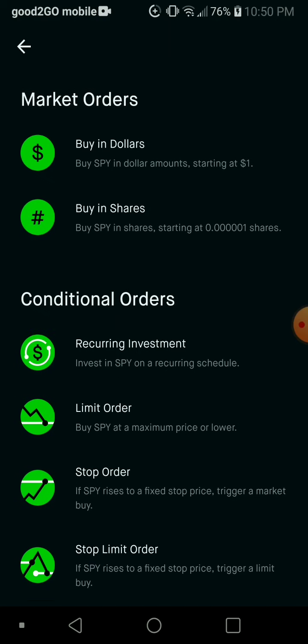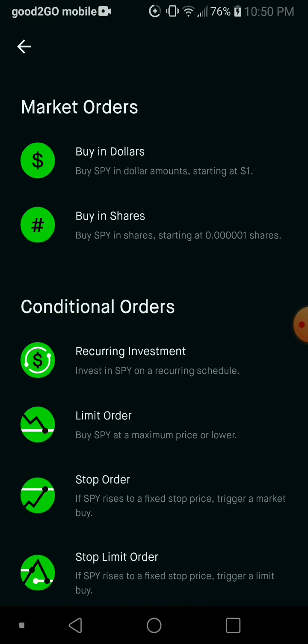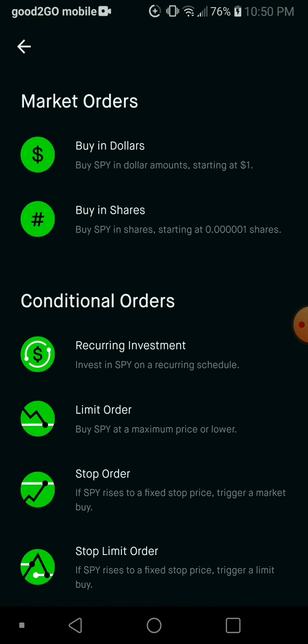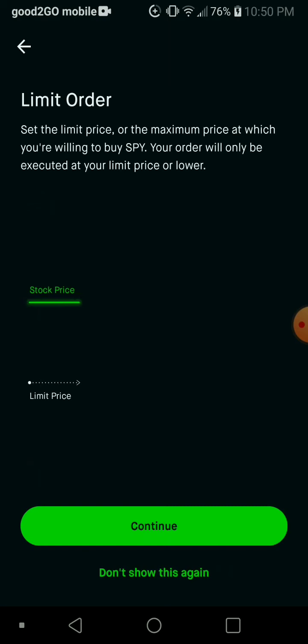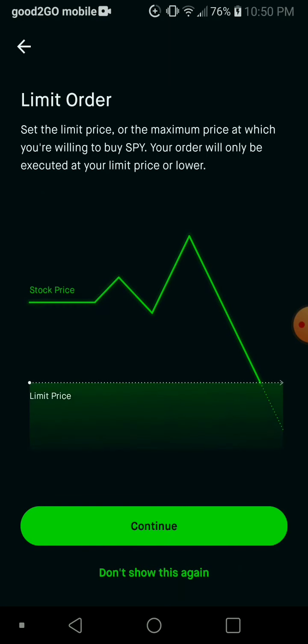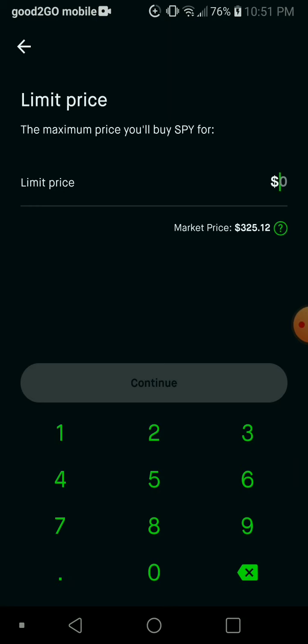As you can see, the first two are different kinds of market orders. And then the second one here says limit order. If you click on the limit, it will explain the limit to you. For example, if you want to buy, it's only going to buy after it hits the price you enter. So we're going to click continue. It says the price now is 325.12.